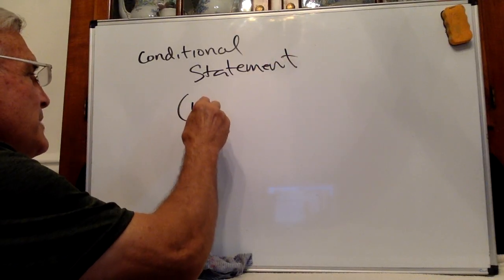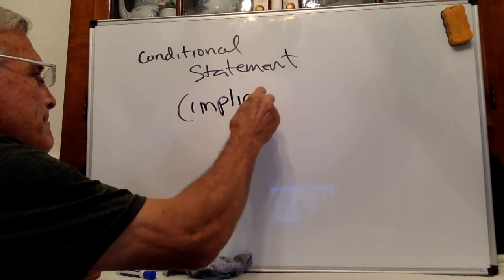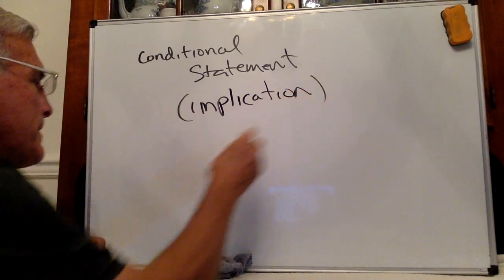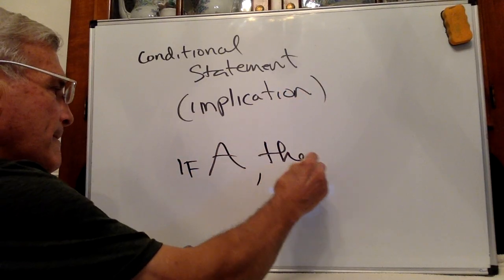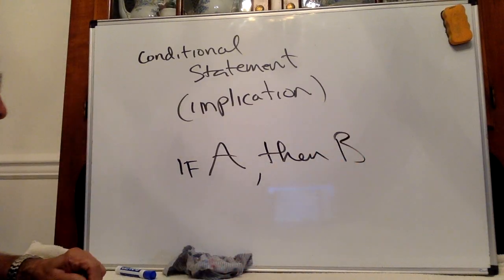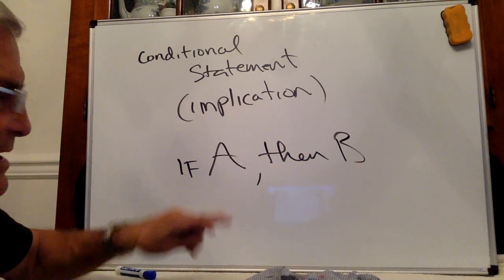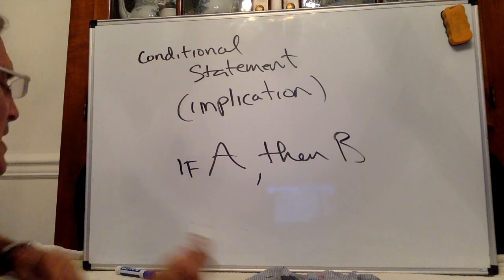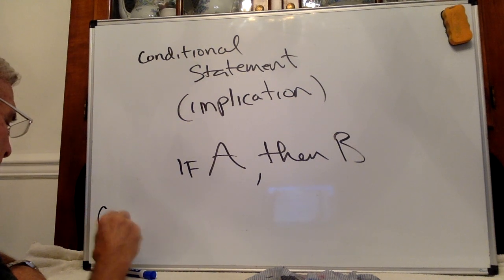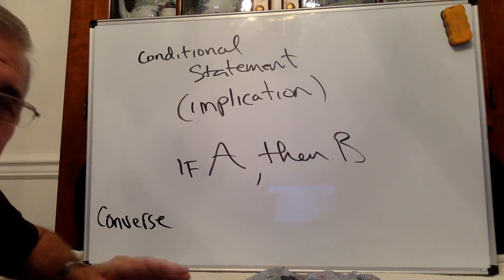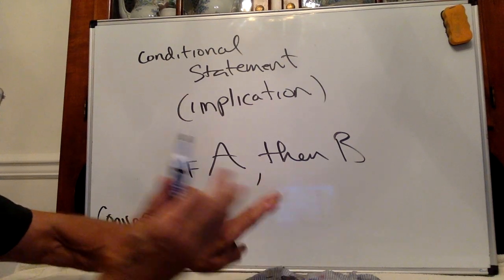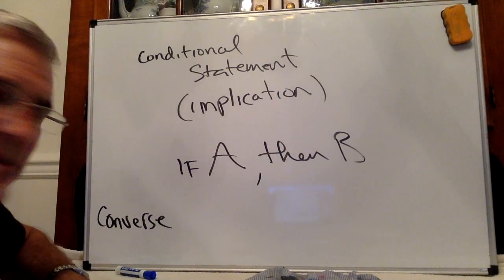Sometimes referred to as an implication. If A, then B. That's a conditional statement. Converse. The converse of any implication or any conditional statement, you interchange the if and the then part.